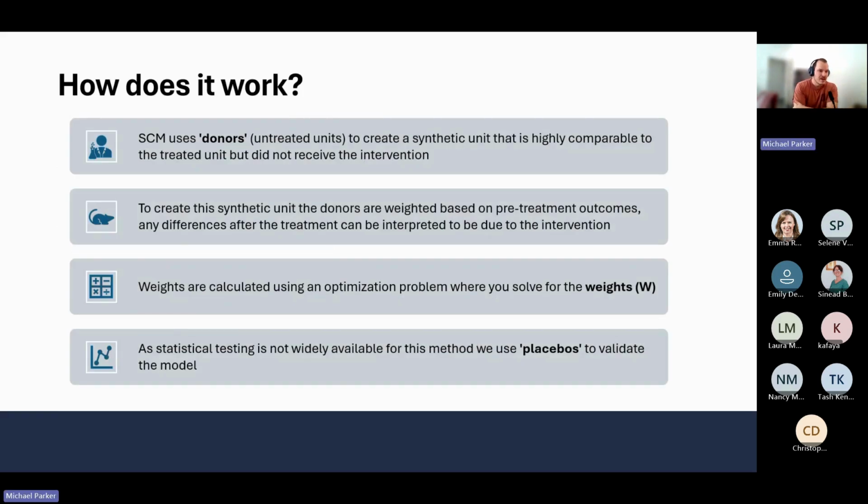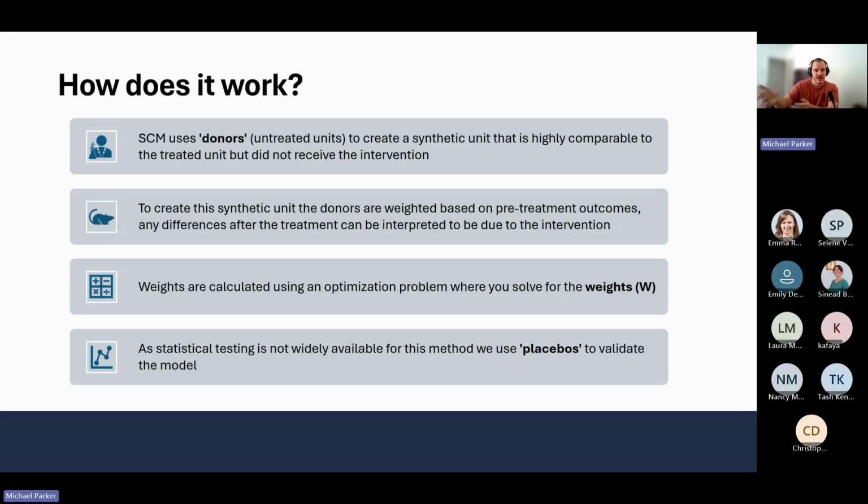So how does it work? It uses these donors, these untreated units, and you create the synthetic control unit that is highly comparable. And to do this, they're weighted based on the pre-treatment outcomes. We use variables to predict the outcome. So variables for the controls are used to predict the outcome.